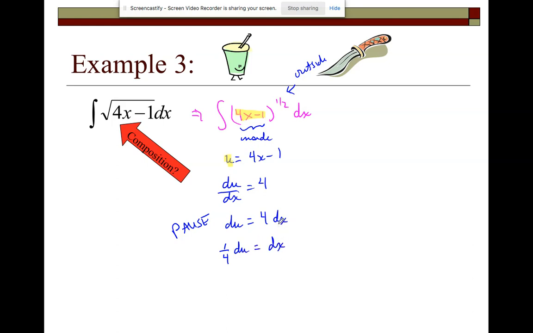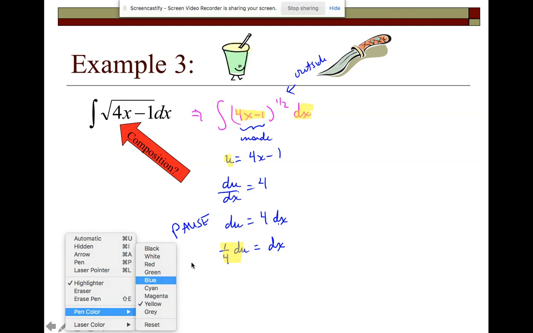Here's the x stuff. I got the x stuff by itself. Dx is equal to 1/4 du. Do you see what happened there?